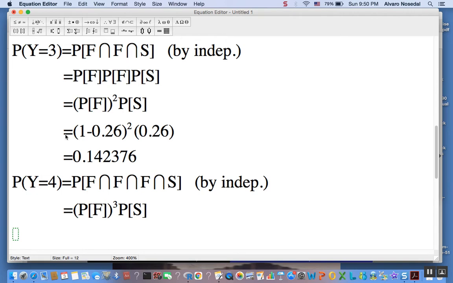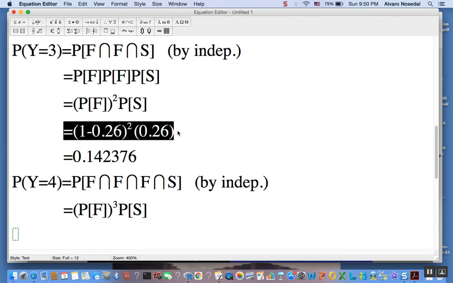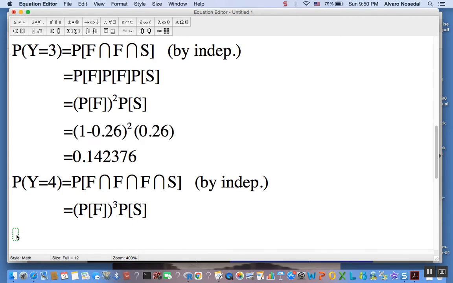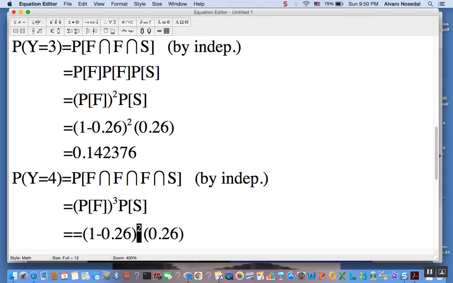We know that the probability of failure would be 1 minus 0.26 cubed, right, and then times the probability of success.